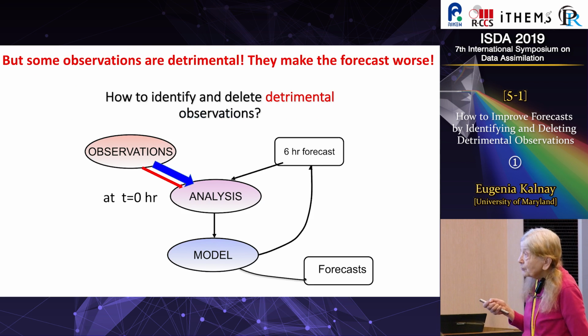But some observations are actually detrimental, and instead of improving the analysis and the 6-hour forecast, they make it worse. So how do we identify and delete detrimental observations?